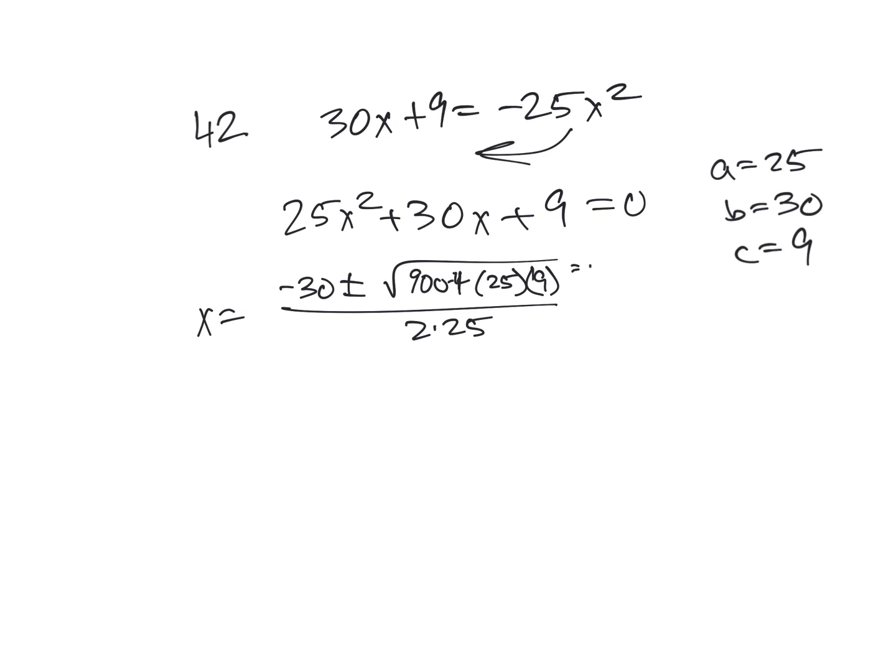So inside the radical is 0. Square root of 0 is 0, so we no longer need the plus and minus part because that's gone. So we have negative 30 over 50, which is just negative 3/5. Who got that right? All right, excellent, excellent.